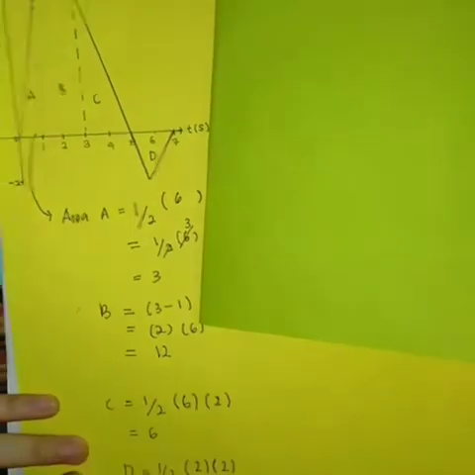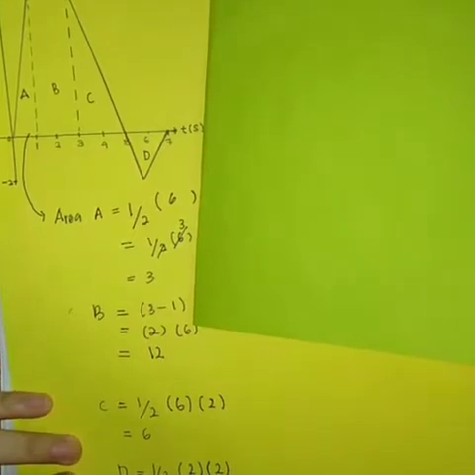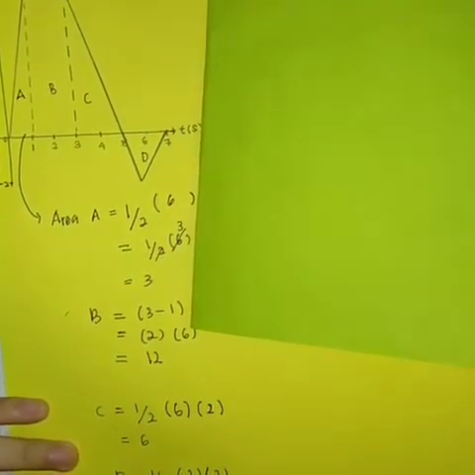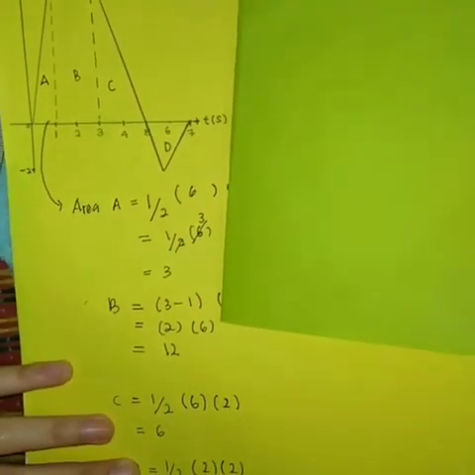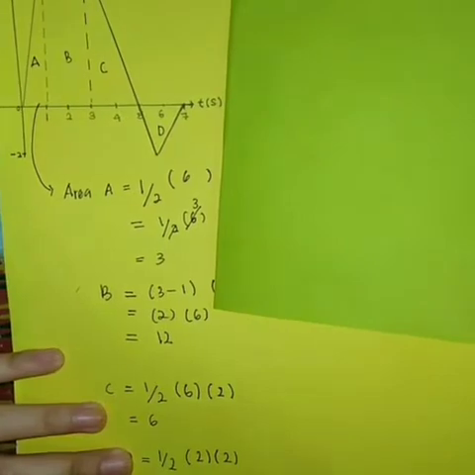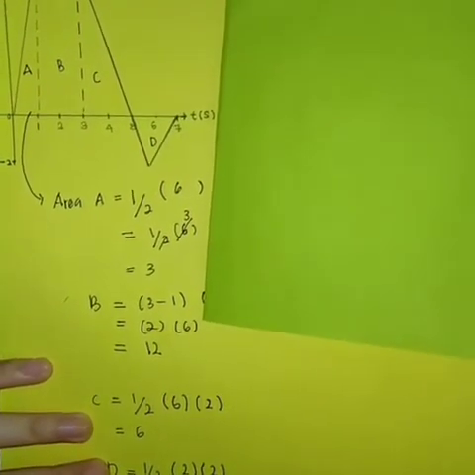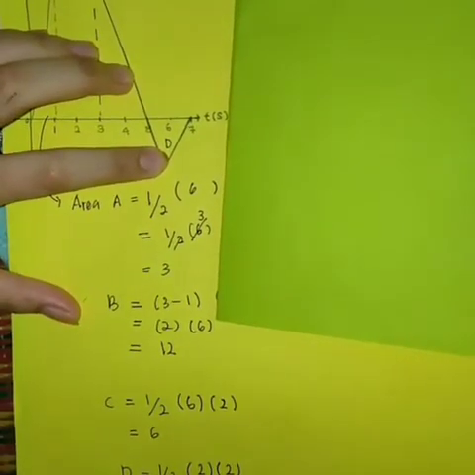Okay, the area under the graph, we need to total all the area. So 3 plus 12 plus 6. Okay. For the D, we need to minus because the D is under the graph, so it's negative 2.